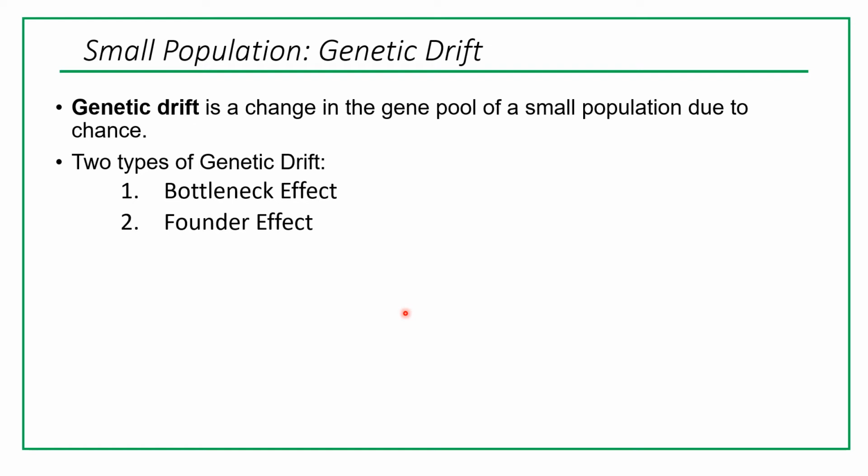Something that kills lots of individuals within the population, or maybe separates a larger population into smaller populations. But something random happened, that's genetic drift. And there are 2 types of genetic drift, bottleneck effect and founder effect.